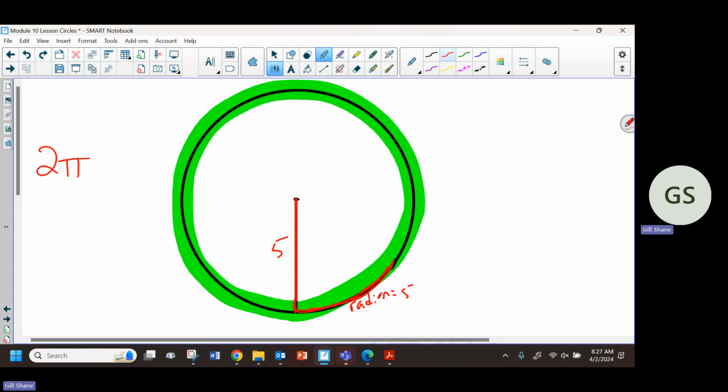So the number of radians, again, I'd count them. I laid 1 down, 2, 3, 4, 5. The number of radians is always 2 times pi. So you can multiply that out. It comes out to be 6 point something.